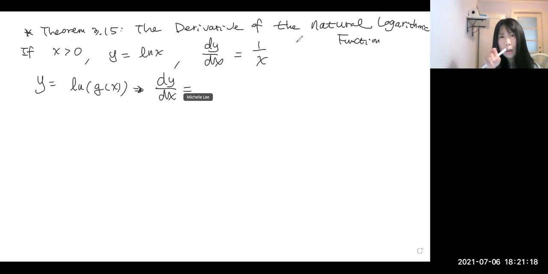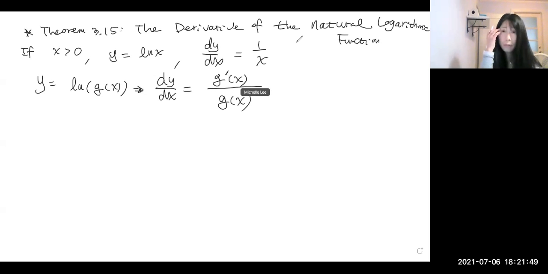Then look, 1 over x for ln x, right? So that means 1 over g of x. Can you see that? We bring down whatever is next to the ln, inside the function. Then we do chain rule, g prime of x, right? Okay, this is how we do it.